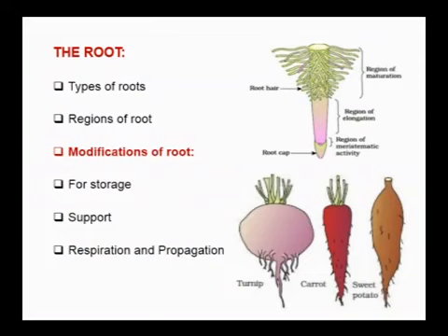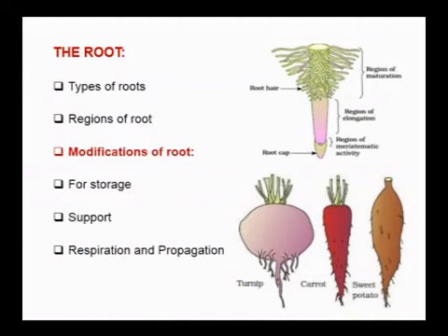Take any root, there are four main regions. The tender root apex is always protected by a root cap. Not only protection, but it gives a lubricating passage in the soil so that the root will propagate below the soil.